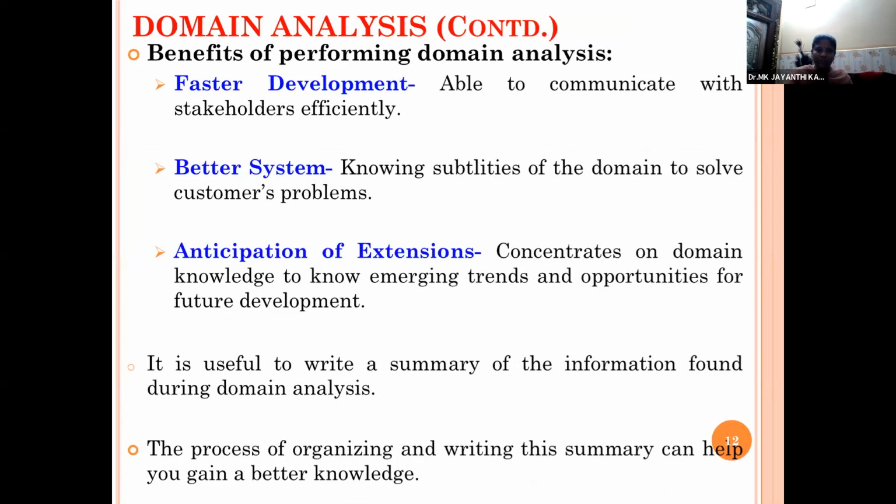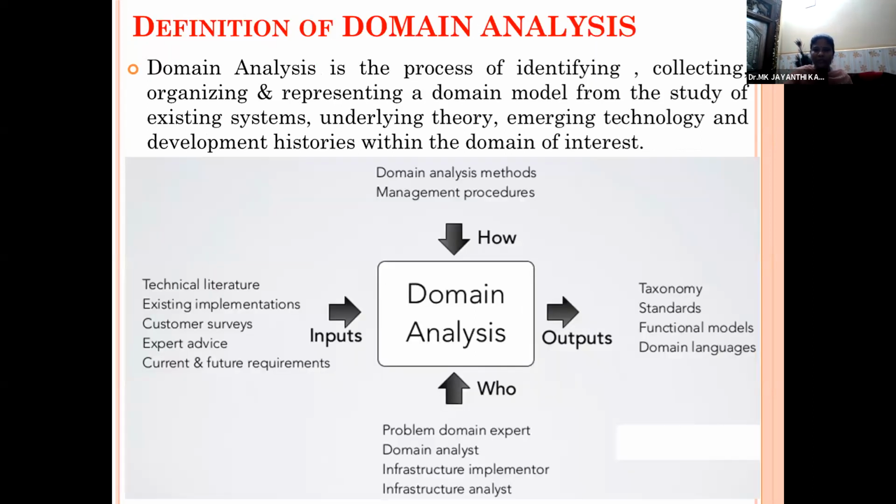The definition of domain analysis is the process of identifying, collecting, organizing, and representing a domain model from the study of existing systems, underlying theory, emerging technology, and development histories within the domain of interest. To understand the particular domain, we should collect and identify all the related data, and organize and represent the data in a particular model so that we can represent it as a project.